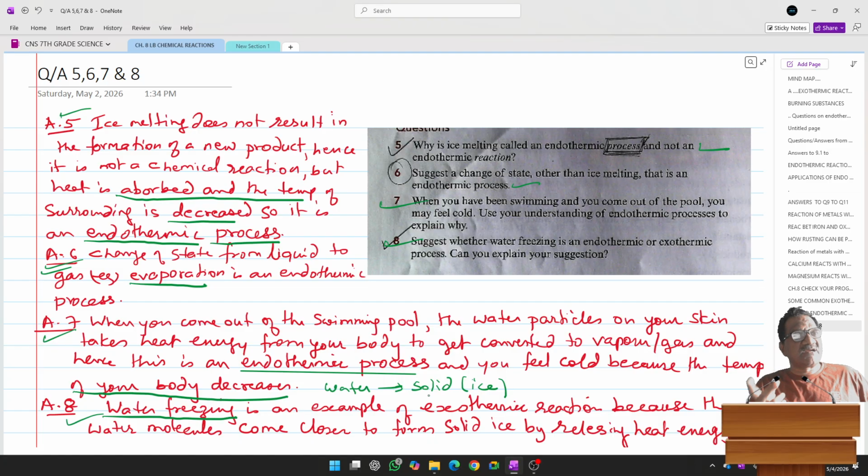Water is getting converted into solid. Now here the heat energy will not be absorbed. It will be given out, because this is an exothermic process, right? So water freezing is an example of an exothermic process. Should I write process? It should not be reaction. It should be process.